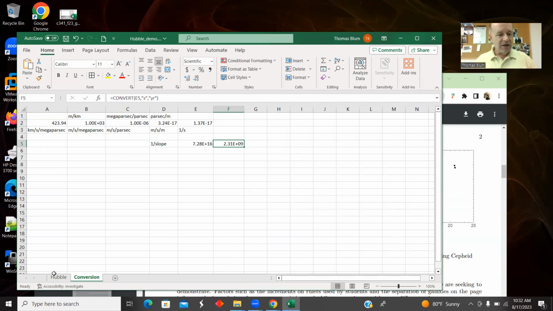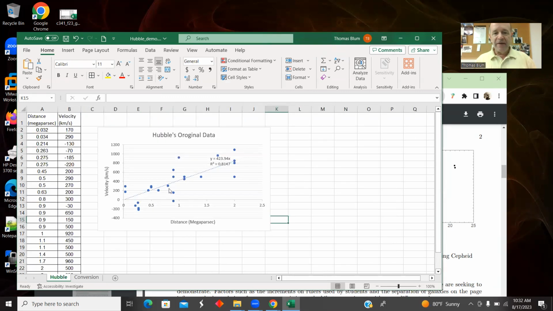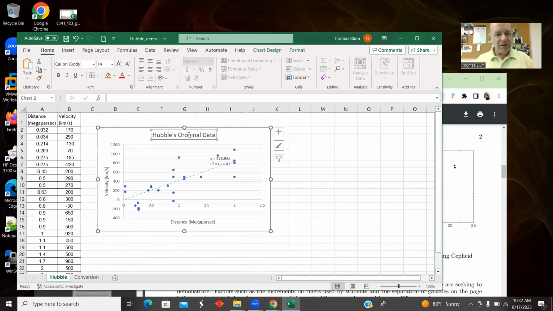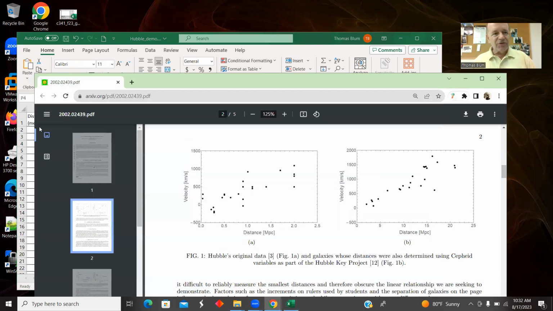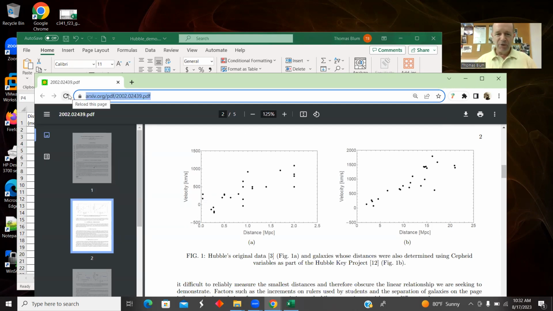Okay, now this was the original data. The data got much better, so I found this paper where they talk about the improvements. So here's the data I've got plotted, the original data, and then a couple of years later, they could see things in an order of magnitude larger.